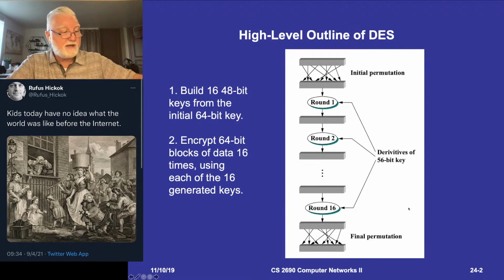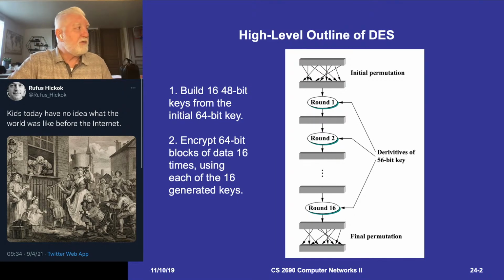Here's the basic punchline. You do two steps. The first is the key manipulation step, and the second is the data manipulation, the data encryption step. Most of the slides are confusing, so we're going to walk through it.